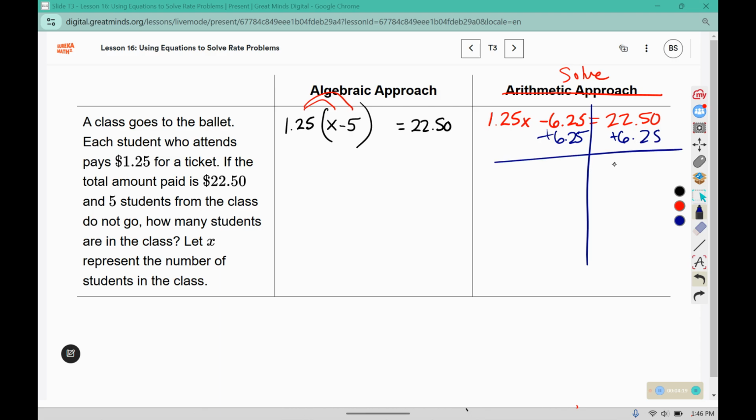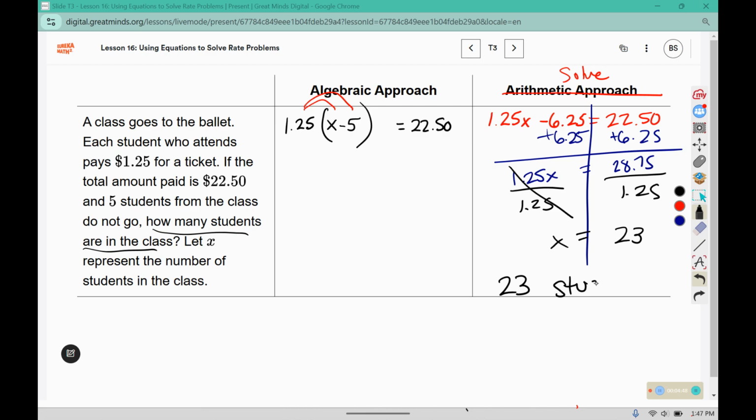That would give us $28.75 and $1.25 times X. Then we're going to divide both sides by 1.25 to get X. 28.75 divided by 1.25 is 23. So when it says how many students are in the class, there are 23 students in the class. But if 5 did not attend, that means only 18 attended.